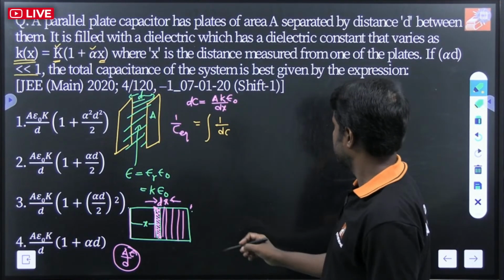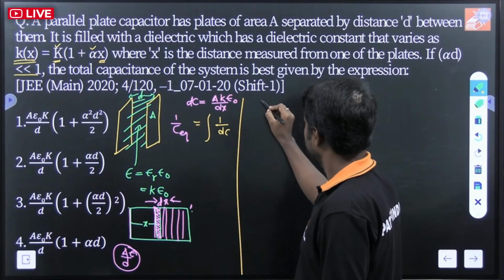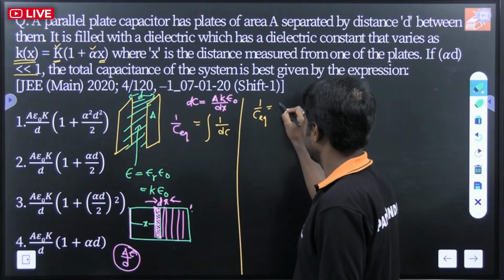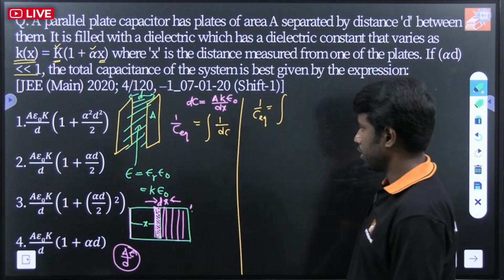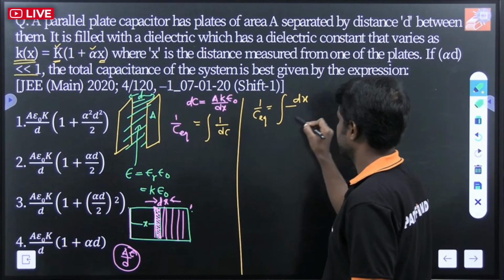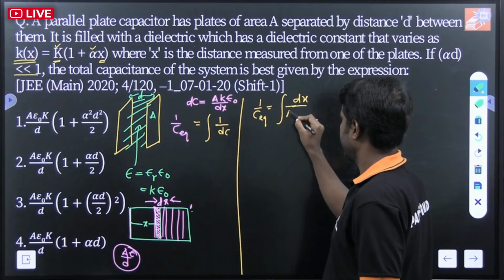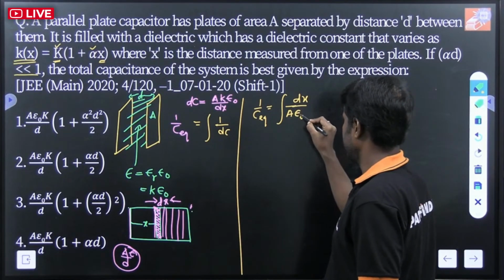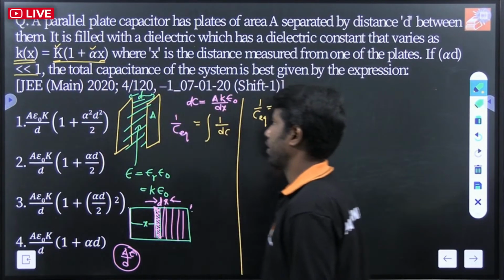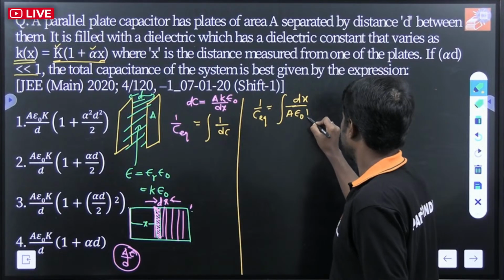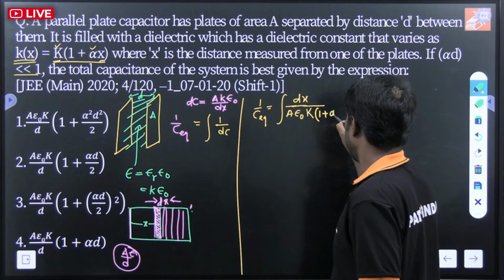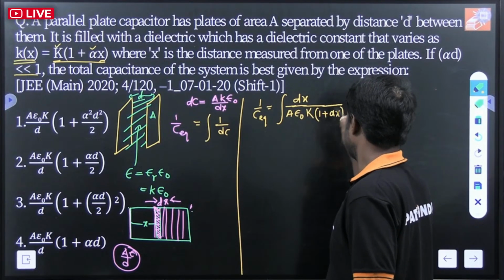So let's find out the C equivalent part. So 1 by C equivalent is equal to the integration of dC, that is dx by A epsilon naught K into (1 plus alpha x), where capital K is given.